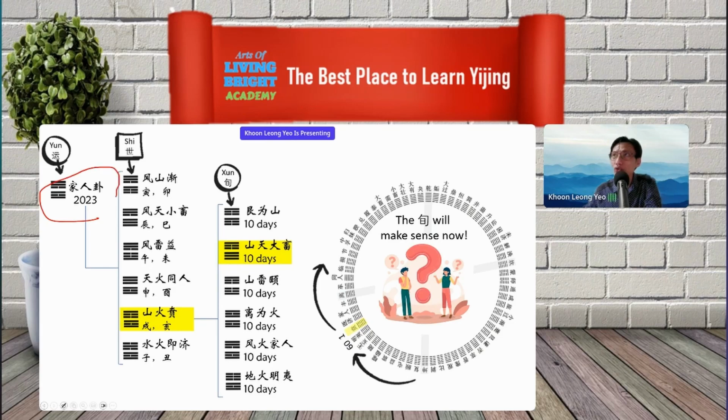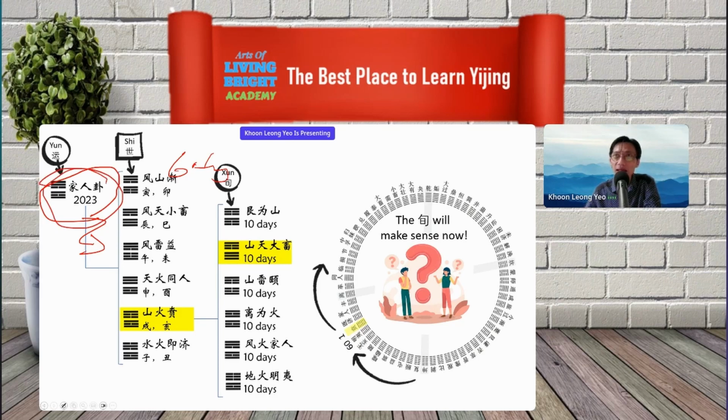The year is 家人卦 2023. I can break it down finer by changing the line. Each line change represents 60 days, so 6 lines gives 60 times 6, equal to 360 days, 1 year.